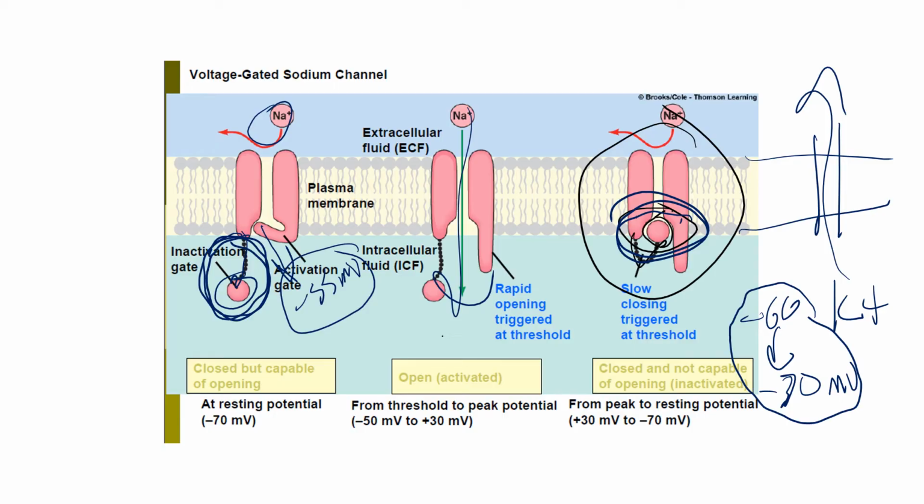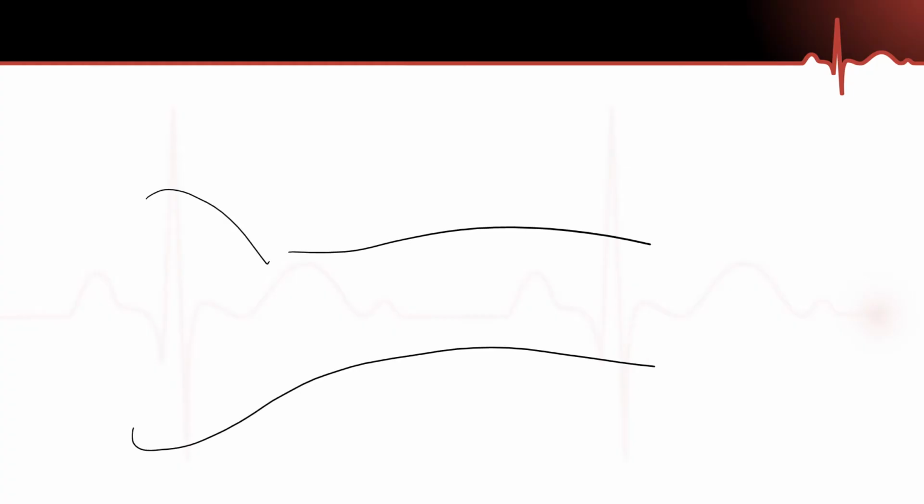So let's try to work through this whole process in a similar way that we've been doing. So here is the hillock. If we can get the hillock from negative 70 to negative 55 millivolts, we will hit threshold.